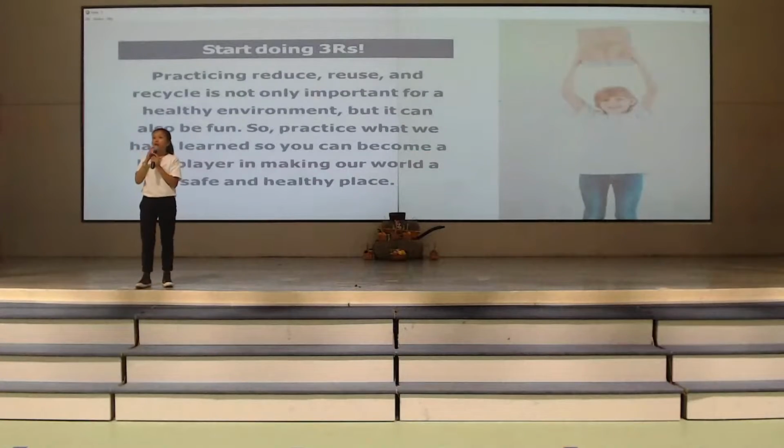Because that will be good for our environment. And so, since you have learned all of these things, you can join our contest and you can be a winner also, okay? So, thank you for participating in our workshop for today. I hope that you have learned something about the 3 R's and how you're going to be taking care of our environment, okay? Thank you, children.